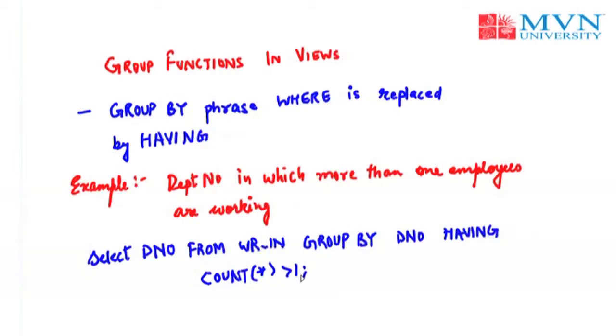Now let us come to the group functions in views. The view definition can also contain functions and group by clauses. For example, if we want to create a view and also want to include group functions, then we have to write a query like create view.